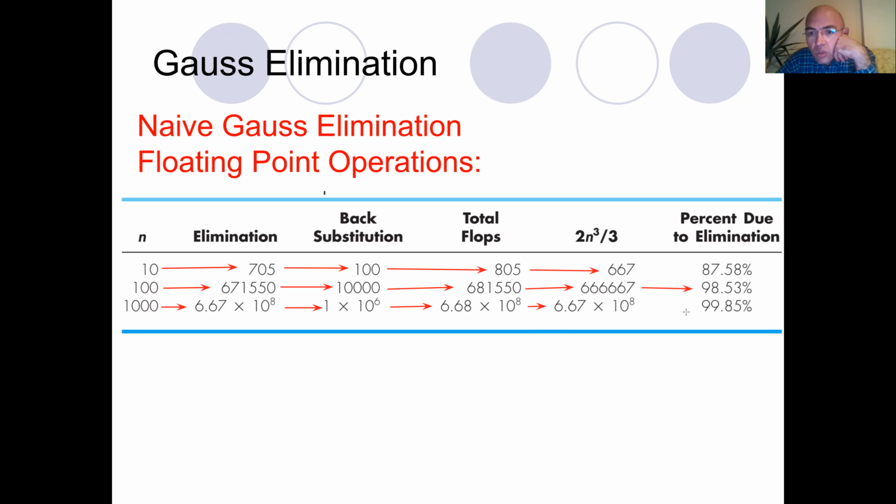And so as you increase the number of unknowns, the total time used for the elimination increases significantly. This is what it means. Therefore, Gauss elimination may not be feasible for very large sets of equations. It depends on your computer resources, basically.